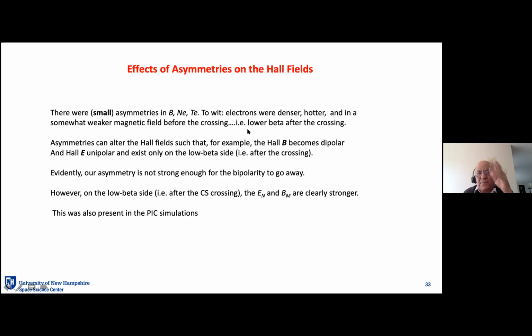This is important because in the theory behind what's happening here, the lower beta tells you which is the side where the stronger effects are seen. In our case, we find that on the low beta side, after the CS crossing, E_N and B_M are clearly stronger. And this was also present in the DPX simulations. So a subsidiary point, I suppose.